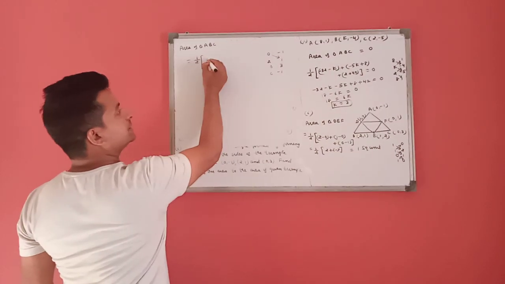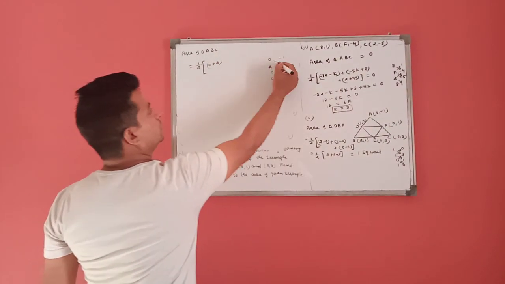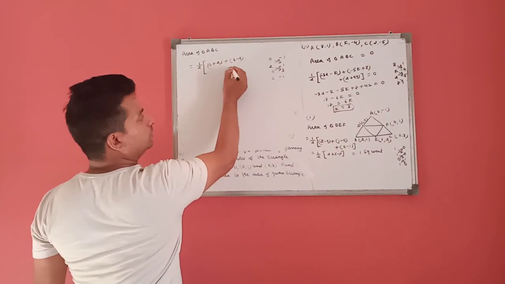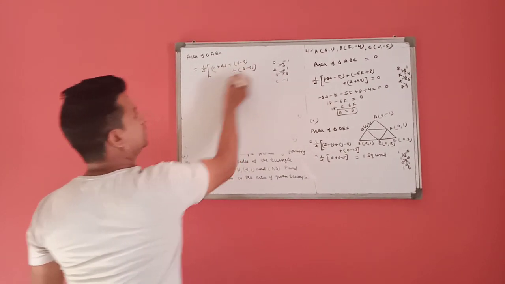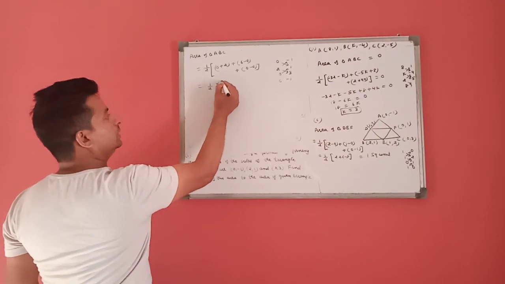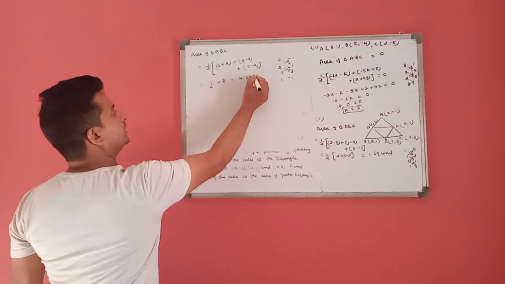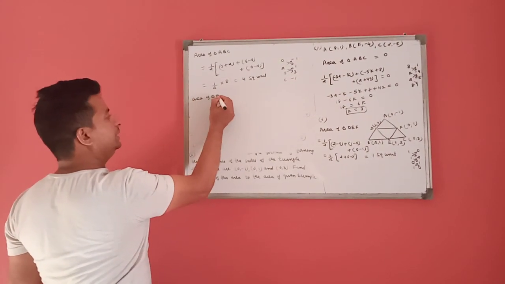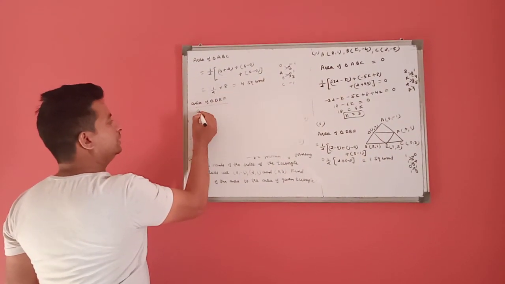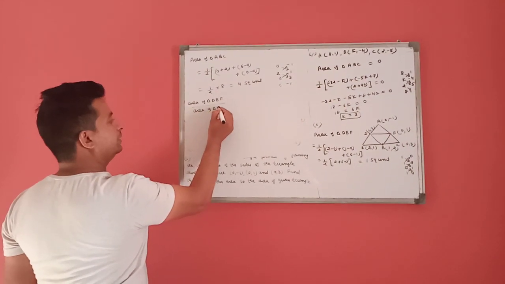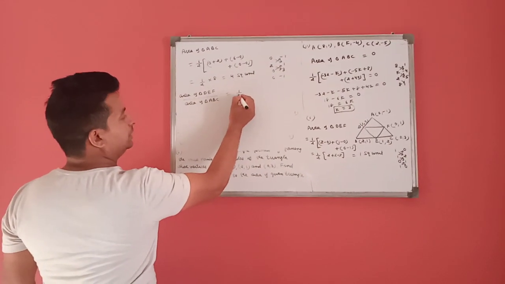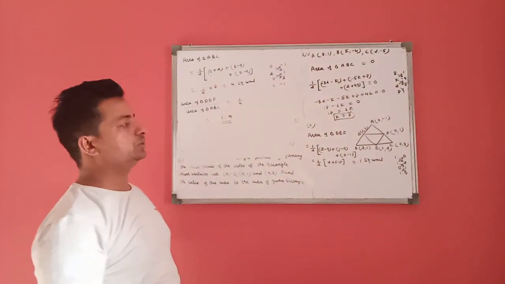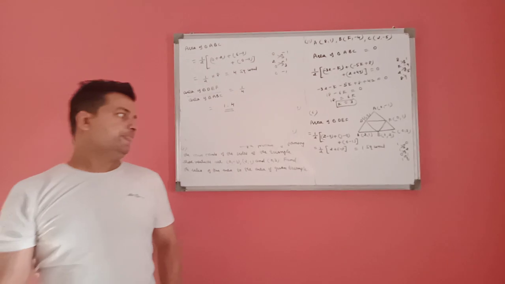When we multiply this, we get 0 plus 2, then 6 minus 0, 0 minus 0. This means 1/2 of 8, that's 4 square units. This means area of triangle DEF divided by area of triangle ABC equals 1 by 4. That is 1:4. This is the solution of question number 6.